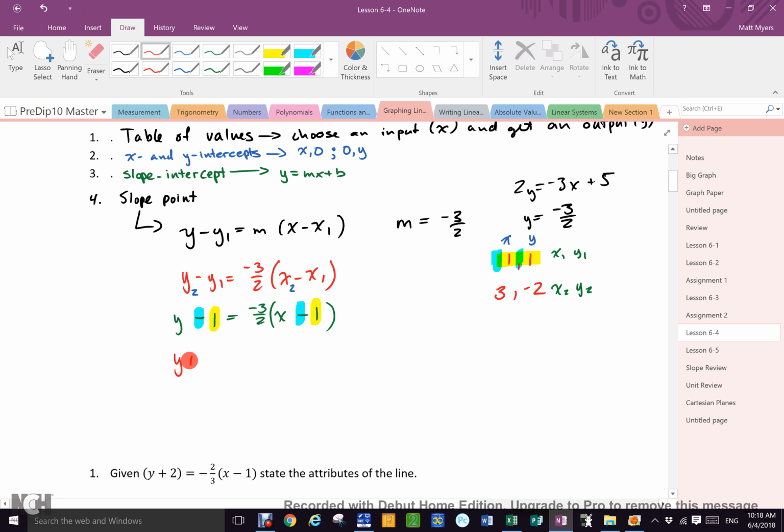Positive 2, because it's minus 2, right? Equals, what would this guy be? X minus 3. And then you notice that this point is always a known point from our graph. Right?